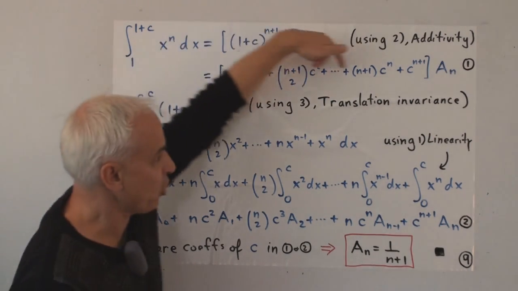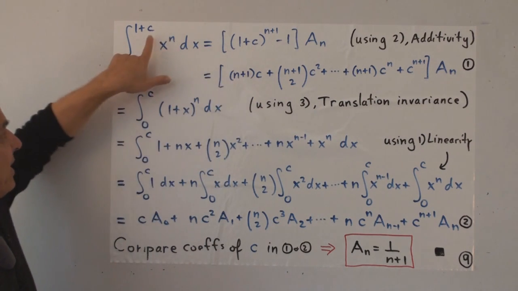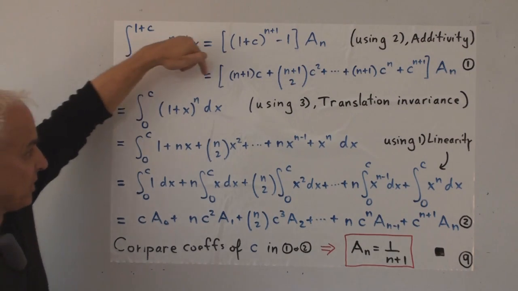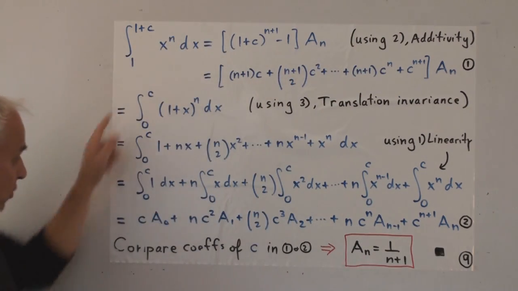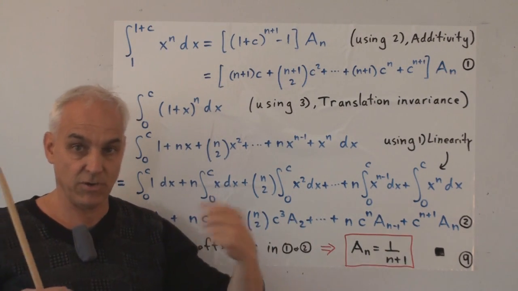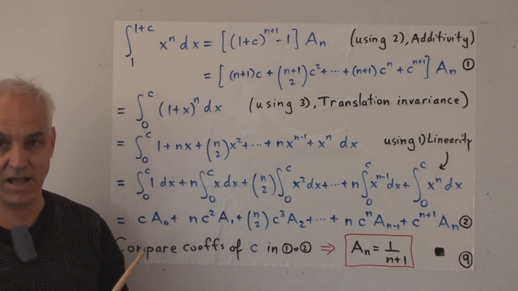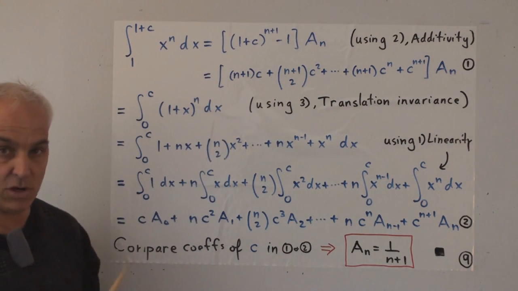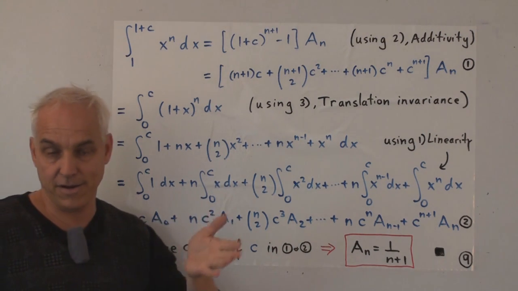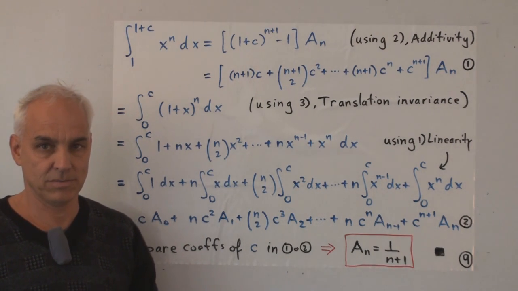First of all, this is a polynomial in c. Okay, n is fixed. This is a polynomial in this unknown number c, which is variable. So this polynomial in c equals this polynomial in c. So these two expressions are equal for many values of c, for more than n values of c. These polynomials have to be equal then. If two polynomials agree on more than n values, then they have to actually be equal.